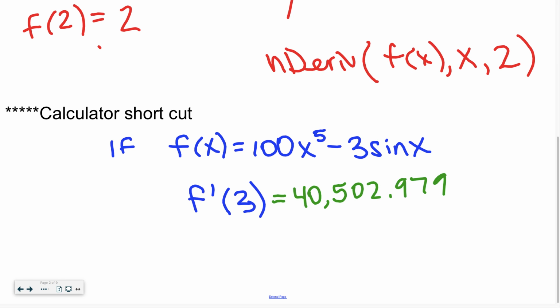So, let's talk about a couple other concepts that are going to be important for the rest of the chapter. Okay? Average rate of change is something that you talked about at least in pre-calculus, if not in algebra 2. Average rate of change. First of all, what does it make you think of? Slope. Probably has something to do with slope. Okay?